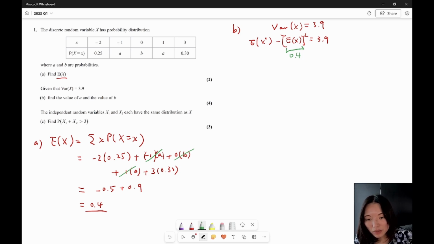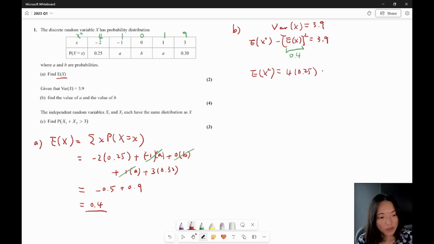So let's write that down. What's x squared? X squared is 4, 1, 0, 1, 9. Let's write down the expectation of x squared then. The expectation of x squared is 4 times 0.25 plus 1 times a plus 0 times b plus 1 times a plus 9 times 0.30.